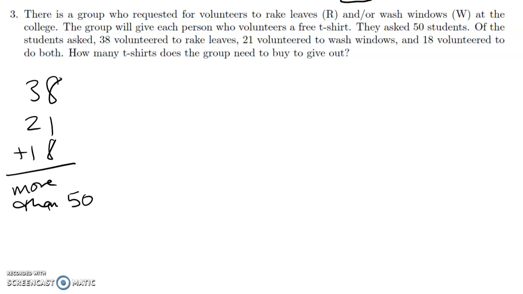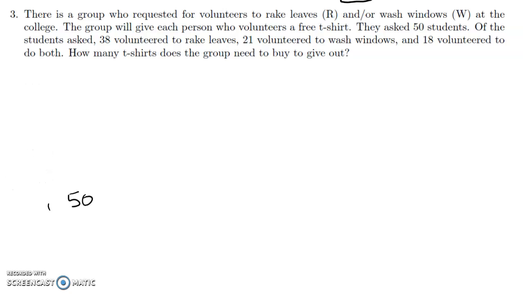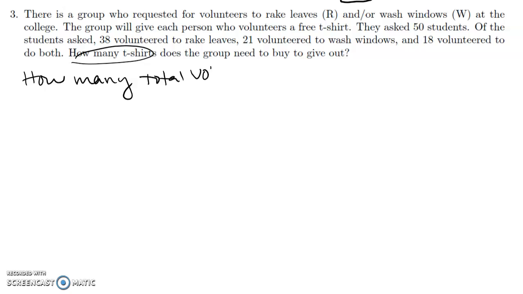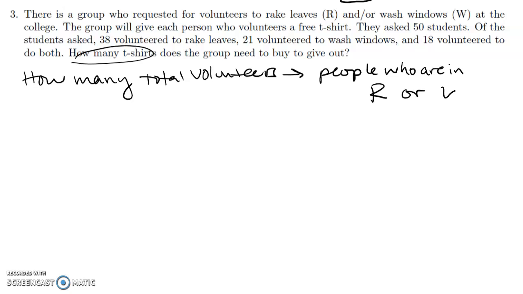Now, one of the first things that we need to do is figure out what, in terms of sets, it is that we're actually trying to find, right? If we're looking for how many t-shirts, we're really asking how many total volunteers, which would be the people in R or W, right?